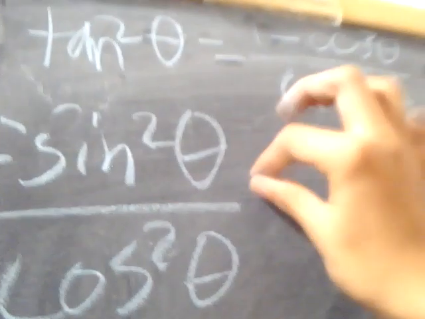You notice the bottom is equal to the bottom of the other answer. We already got that done, so we need to do stuff up here to make it equal to this, which, according to our theorem, 1 minus cosine squared is equal to sine squared over cosine squared. And you got that, which is equal to the right side. So this is how you do it on the other side.